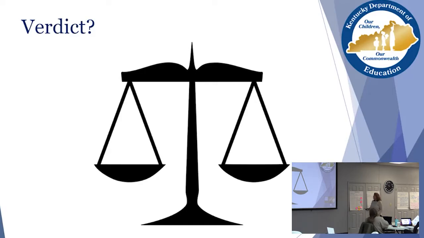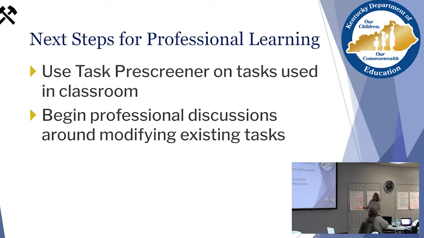Okay, so for you all, as working with people in your district, you can use this pre-screen on tasks that you already have, and then have these same very similar professional discussions around the tasks. These tasks might be ones that are in an item bank you might have purchased.